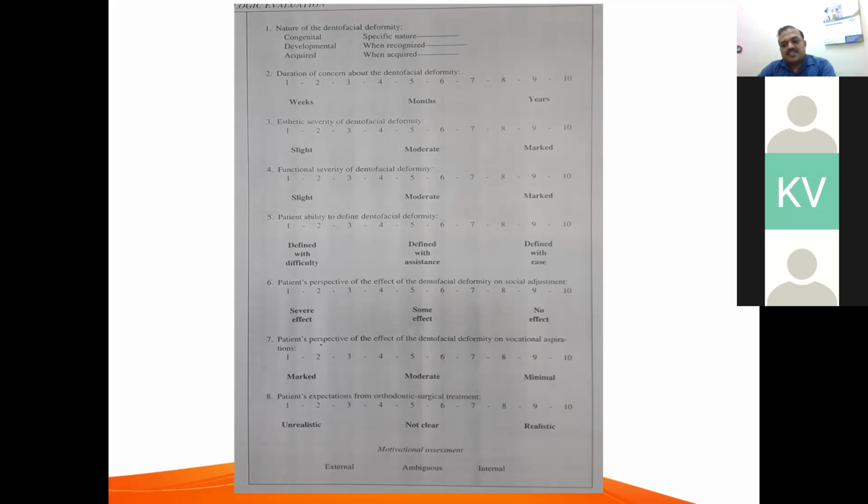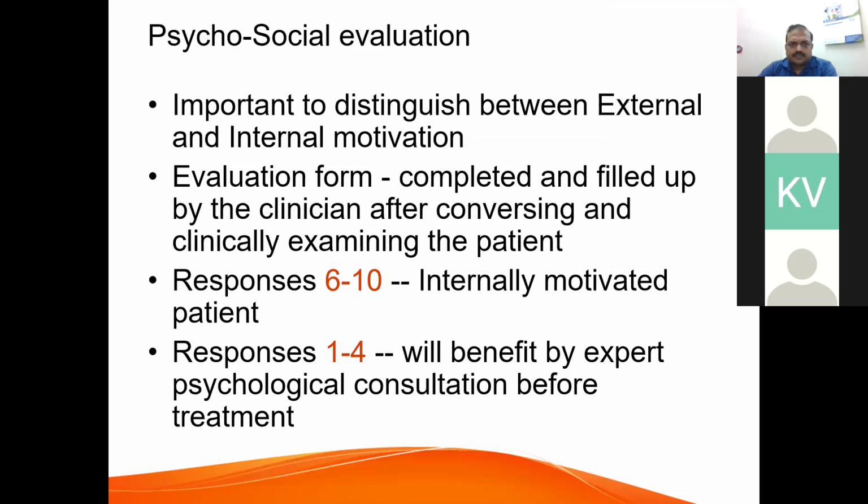That group of patients has to be carefully managed, or it is better not to treat them. If the first 4 or 5 questions have fewer than 4 responses, they can go for counseling, and we can manage them with proper counseling. That is the psychosocial evaluation, which is very important and often a missed clinical evaluation in managing orthognathic surgery patients.